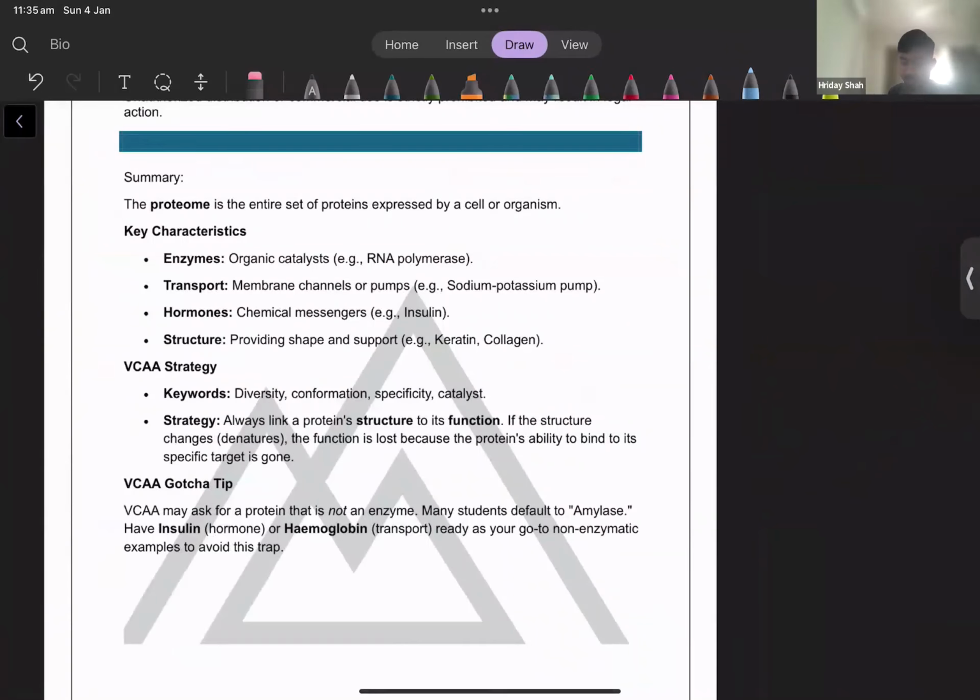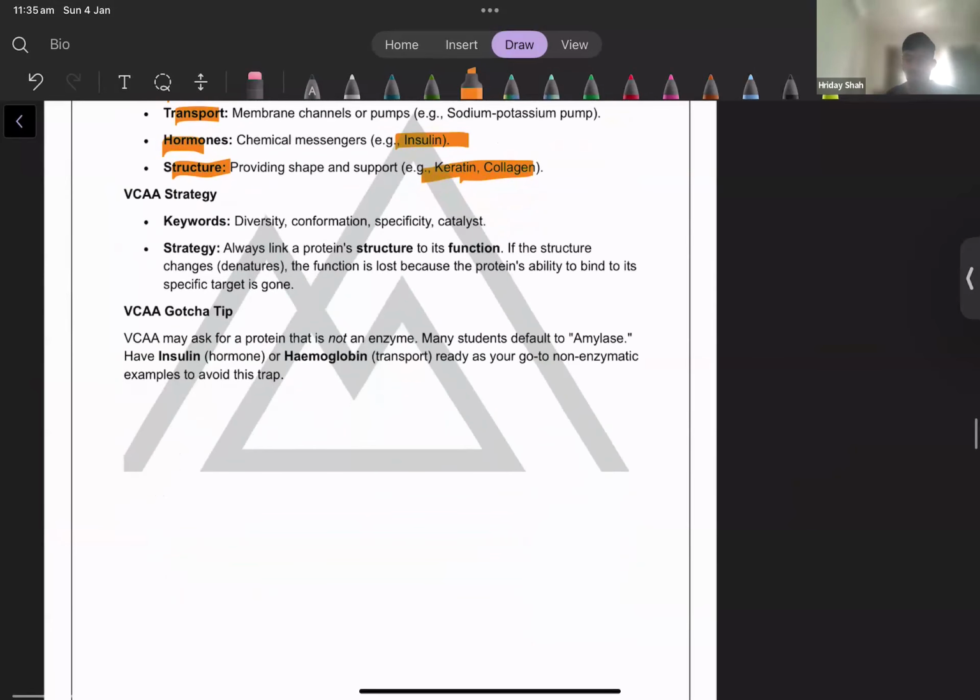Again, quick summary page. Proteome we discussed at the start. Now, I think these are just some of the easier ones, so that's why I've listed them as a quick revision. You can memorize other ones, you can memorize this one, so that's up to you. Something to be aware of is that they might ask you for a non-enzymatic protein.